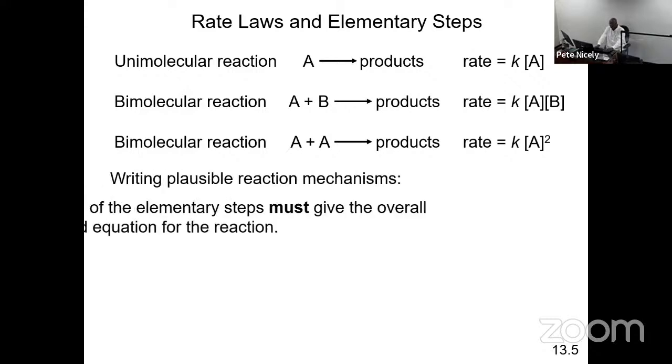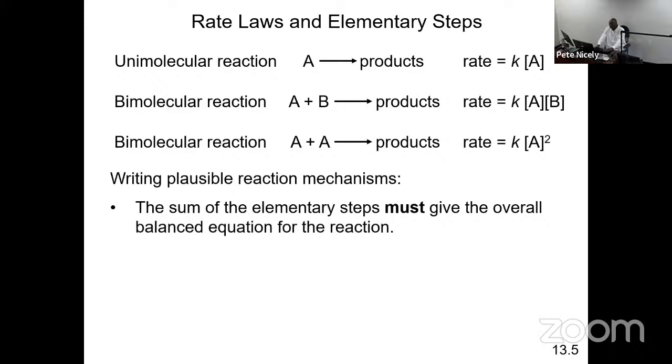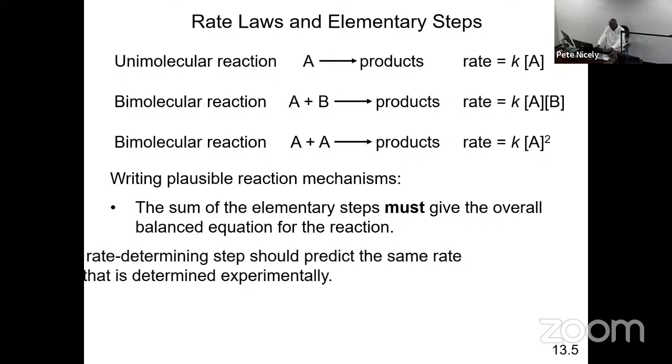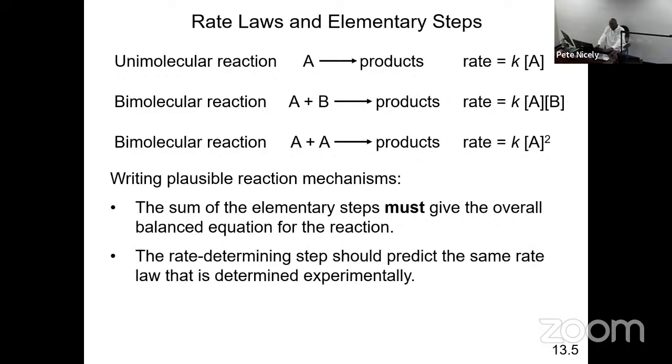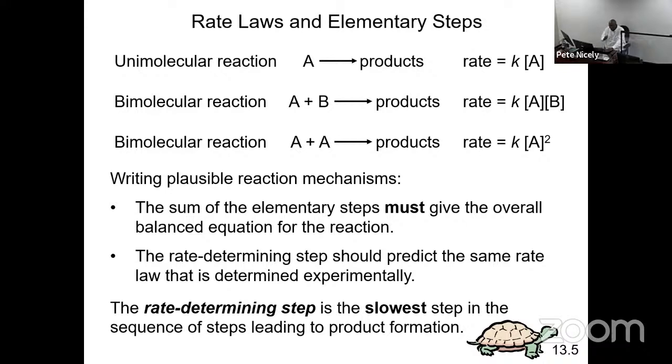Okay, so just to summarize what we have covered so far, when you're writing down a plausible reaction mechanism, the sum of the elementary steps must give the overall balanced equation for the reaction. Now, another thing I need to mention here is what is called the rate determining step. I don't think I mentioned that earlier, so let me define it right here.